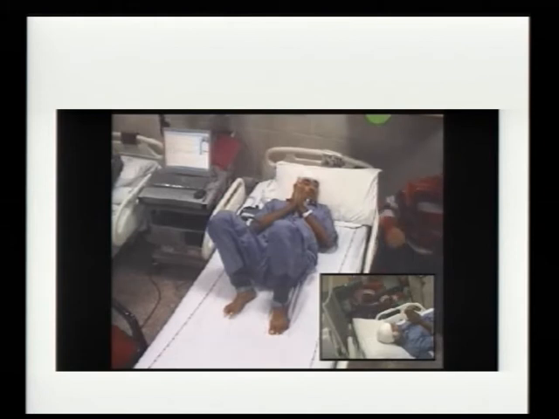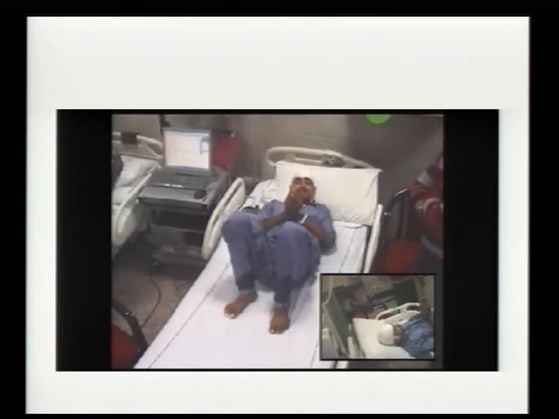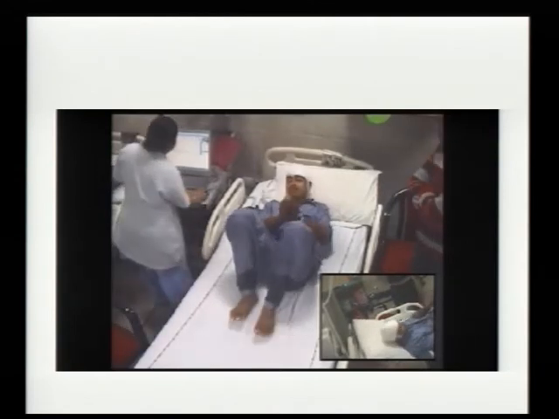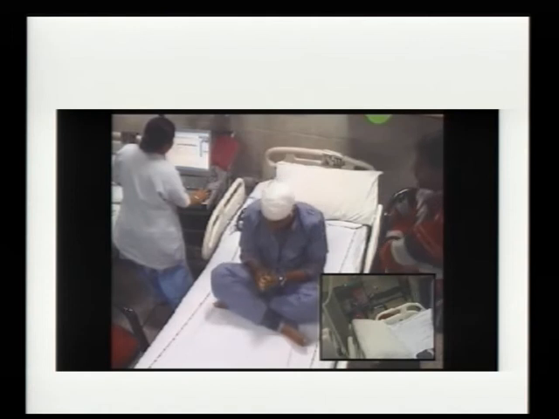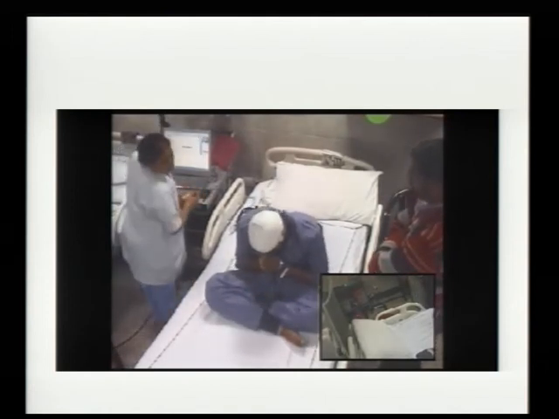Again, he starts his prayers. He's not responding right now. Sister's asking him to lift the hand. He doesn't lift it. Sister's asking him there. His prayers have started.